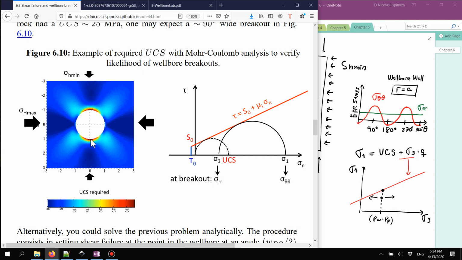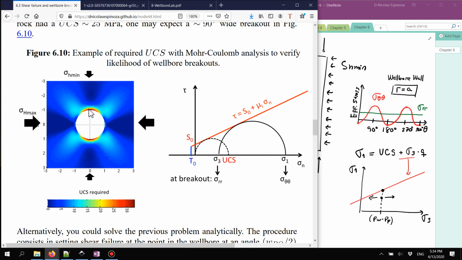So, for example, if I were to say that the unconfined compressive strength of the rock is 30 MPa, that means that all this area will be at failure. In this plot, all these areas with dark red would be at failure, and I would expect failure in all this region.